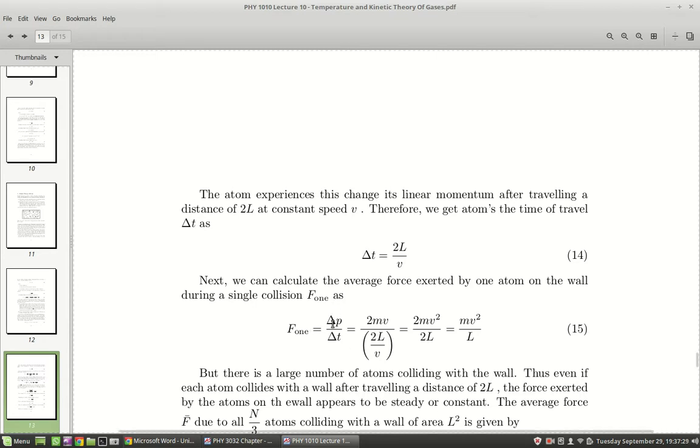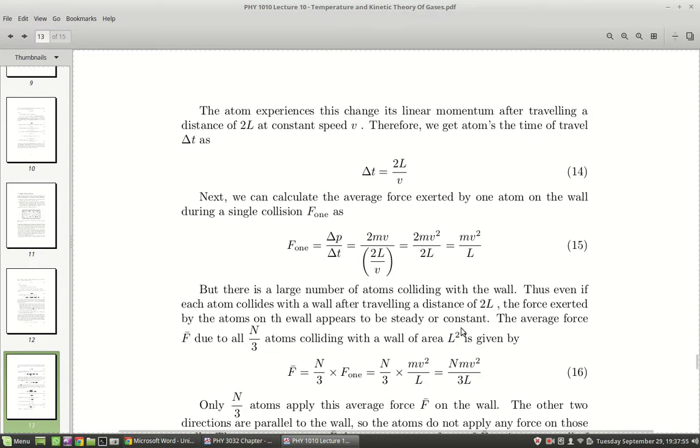The change in momentum is 2mv, and the time taken for this change in momentum is 2L over v. The force is the change in momentum divided by the time, which is 2mv divided by 2L over v, which is 2mv squared over 2L. The 2 and the 2 cancel out. You end up with mv squared divided by L.